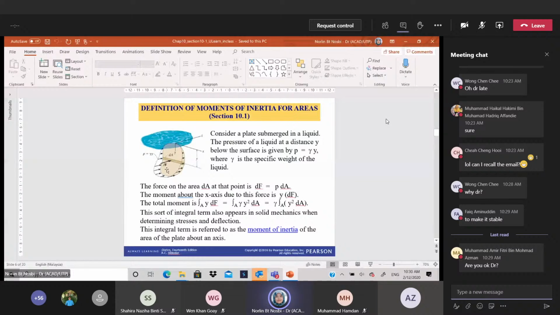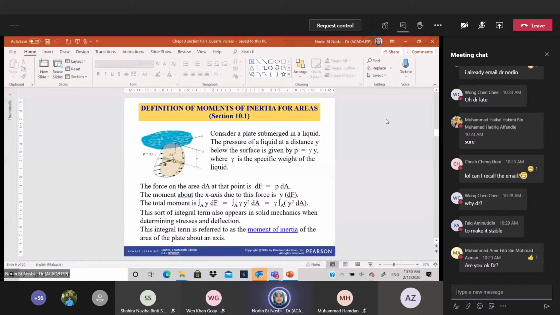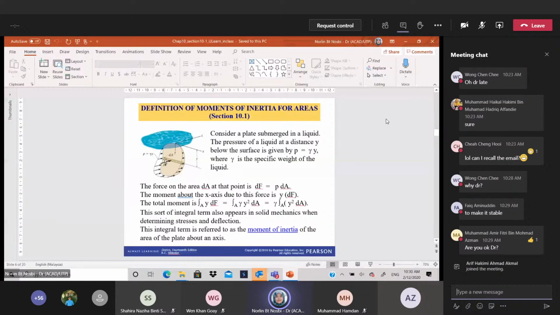At this rectangle area here, you label it as dA. How do you relate the force and the pressure that reacts at this column? It equals pressure times dA.